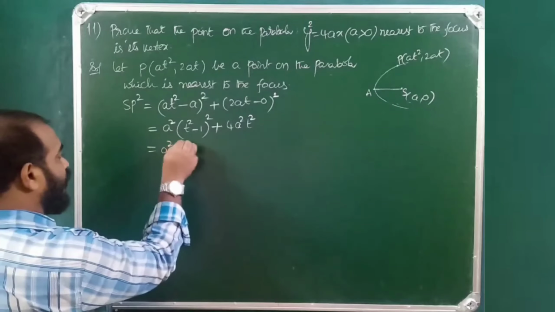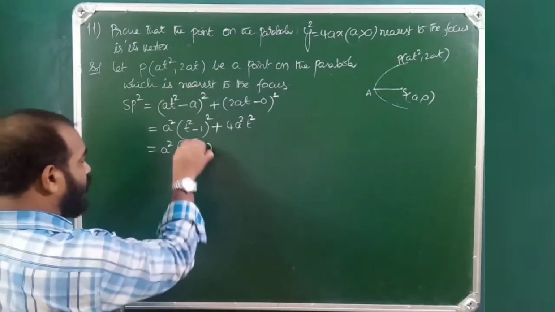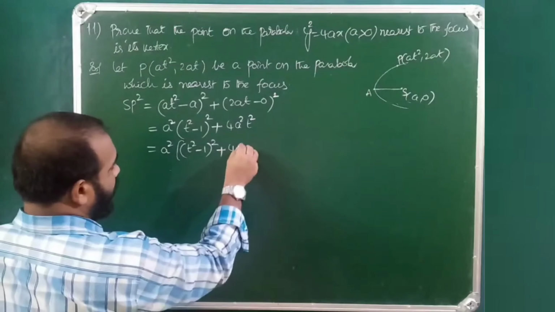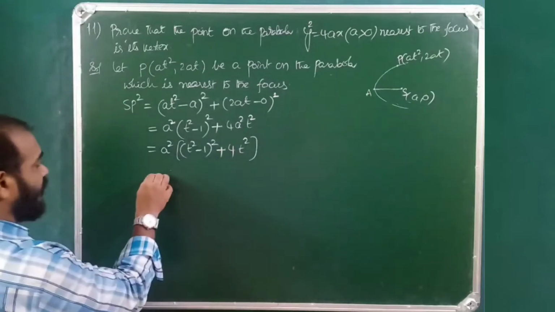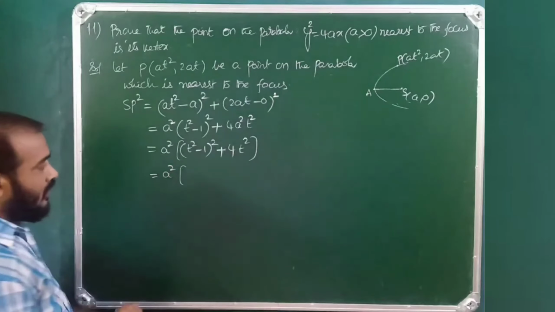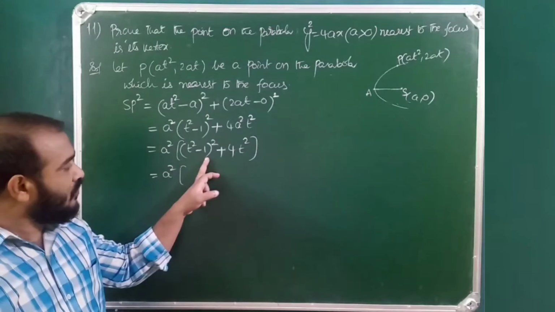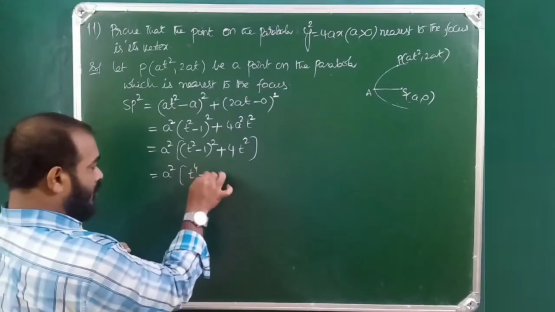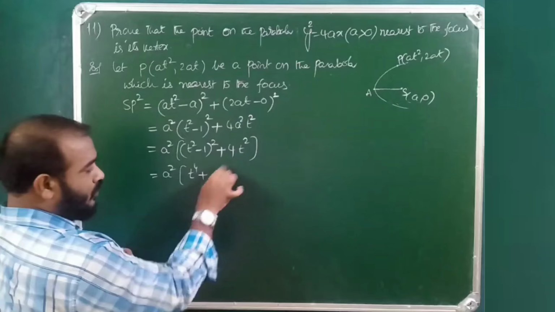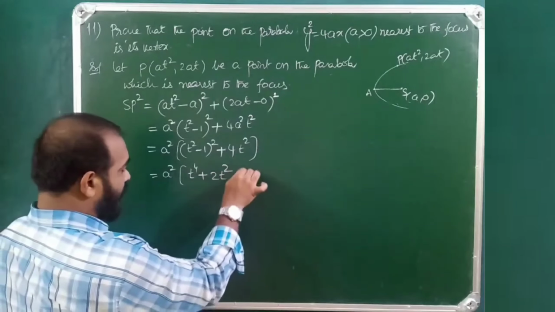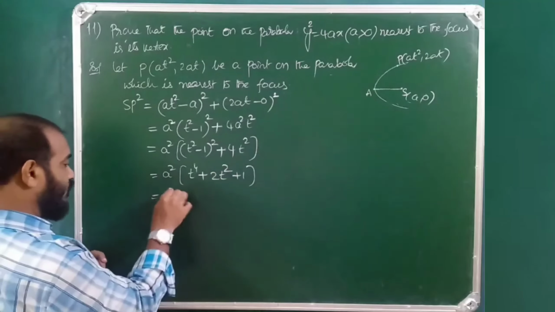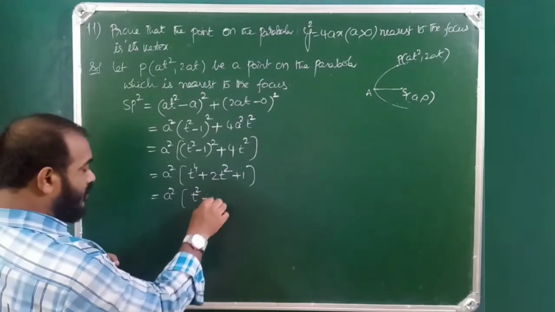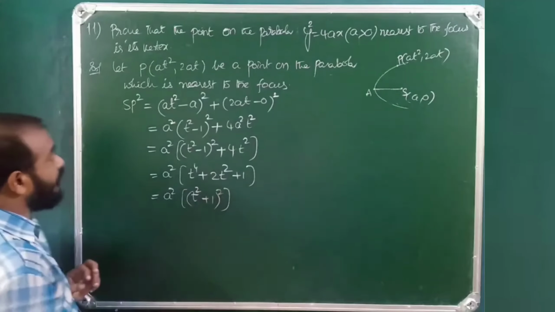If you take a square common, this is t square minus 1 whole square plus 4t square. This is equals to a square into t power 4 minus 2t square plus 1 plus 4t square, that is t power 4 plus 2t square plus 1. This is equals to a square into t square plus 1 whole square. This is what we got.